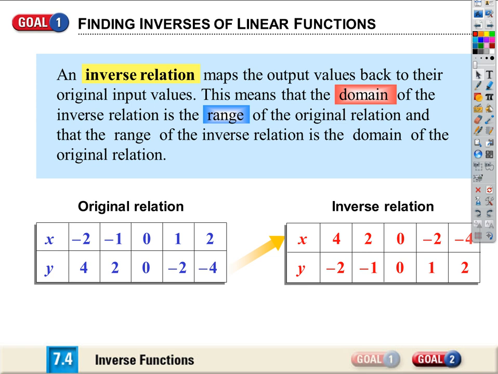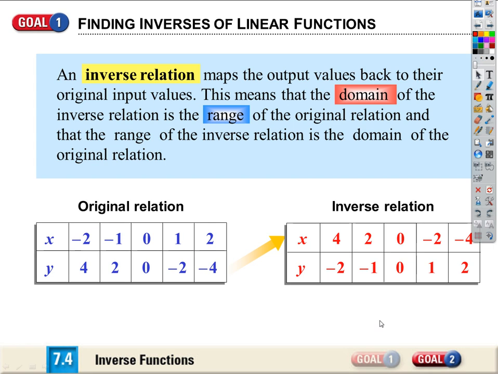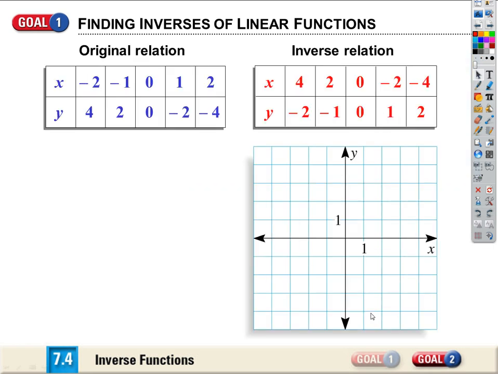If I graph the original relation, these are just ordered pairs, aren't they? For example, this guy right here is just the ordered pair negative 2, 4, right? I go back 2 and up 4 to get to that point. So if I plot these, look what happens. Okay, here's the xy axis.